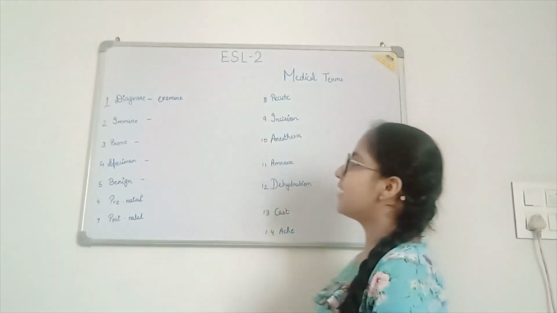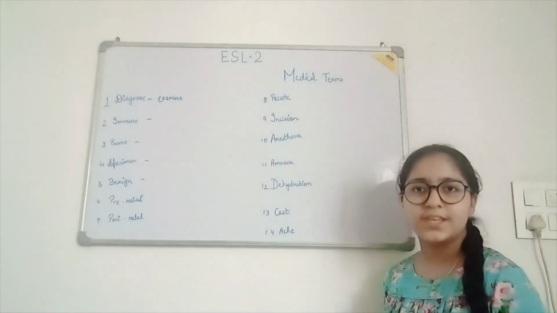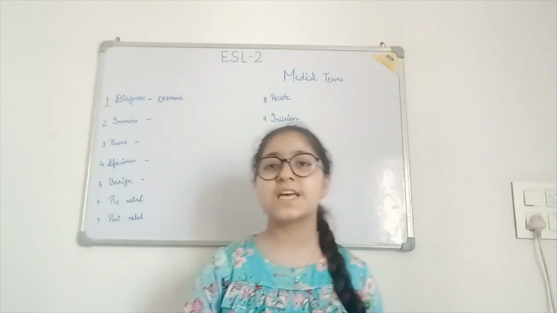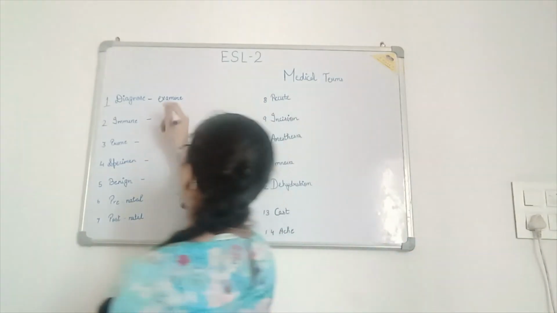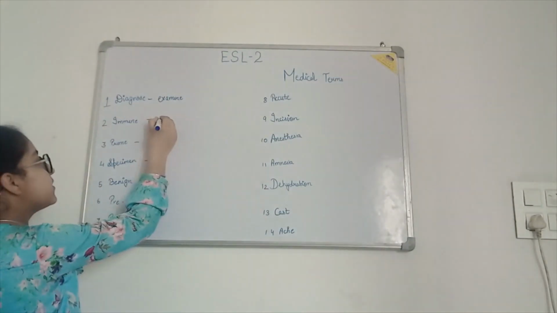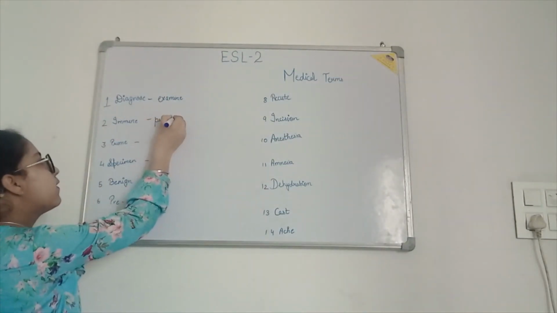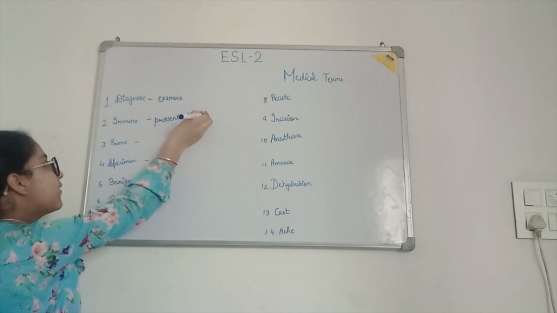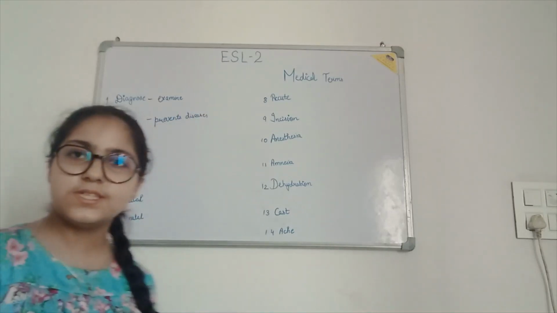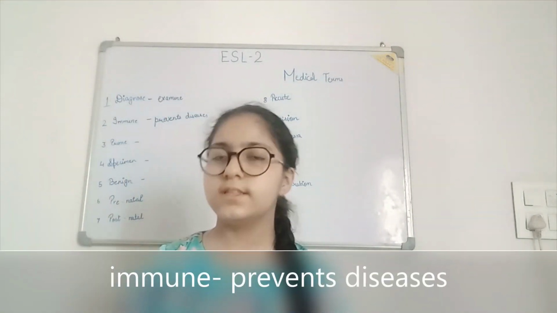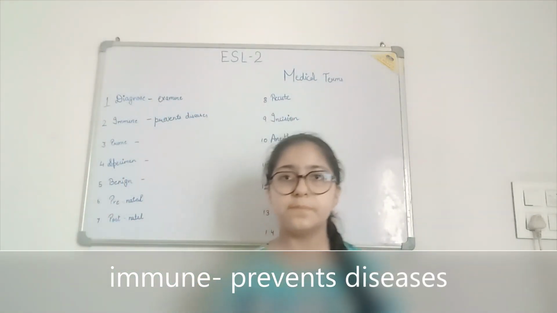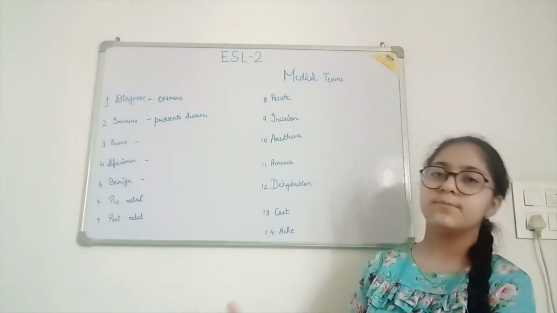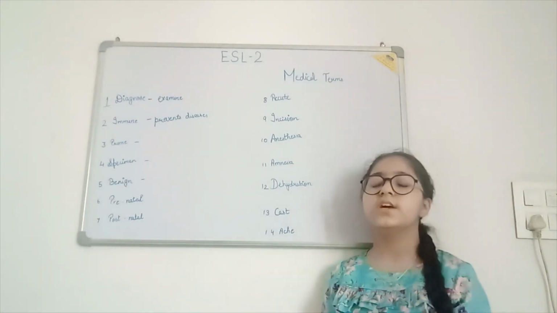Let's now move on to number two, which is immune. Immune is something which prevents diseases. We have heard this word immunity many times in the COVID times: you are having less immunity, I'm having high immunity, it increases the immunity.